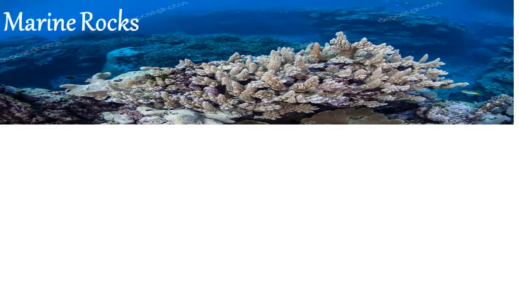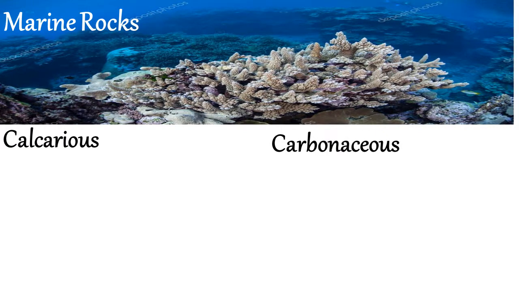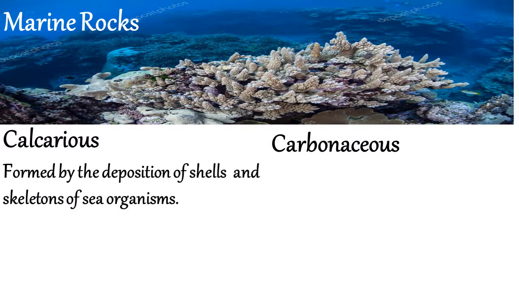Next is marine rocks. The marine sedimentary rocks are formed due to deposition and consolidation of sediments on the floor of oceans and seas. These rocks are of two types: calcareous sedimentary marine rocks and carbonaceous sedimentary marine rocks. Calcareous sedimentary marine rocks are formed by the deposition of shells and skeletons of sea organisms like corals, clams and oysters.